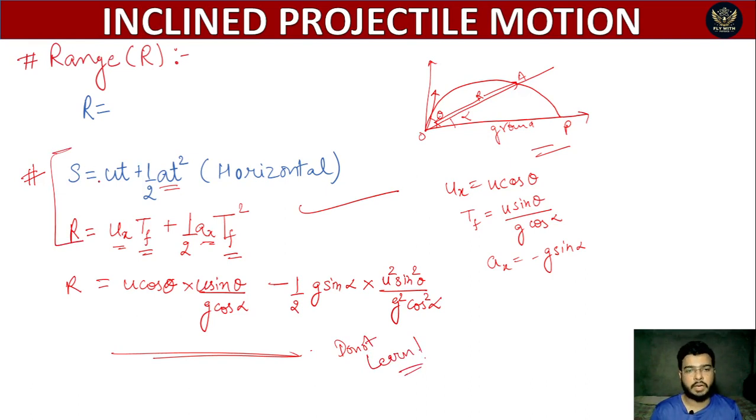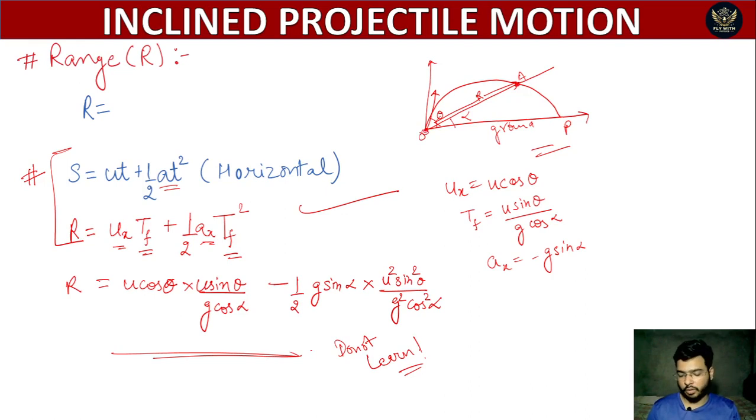You just apply s equals ut plus half at square in the horizontal direction, that's all, and just calculate it. So this is all about the range, maximum height, and time of flight for inclined projectile motion, in the case in which the body is released from point O and goes to point A.